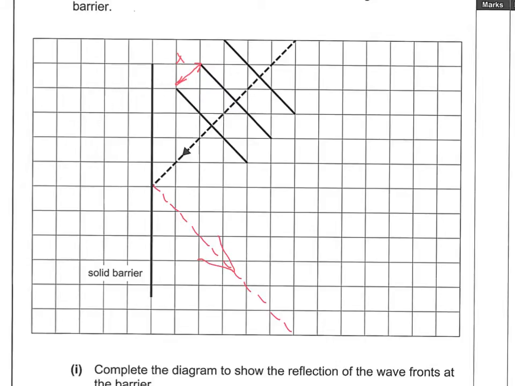Reflected wave fronts are going to be again along diagonals because these are going to be reflected. We've got a 45-degree angle of incidence, we've got a 45-degree angle of reflection, which means our wave fronts are going to reflect along this direction.